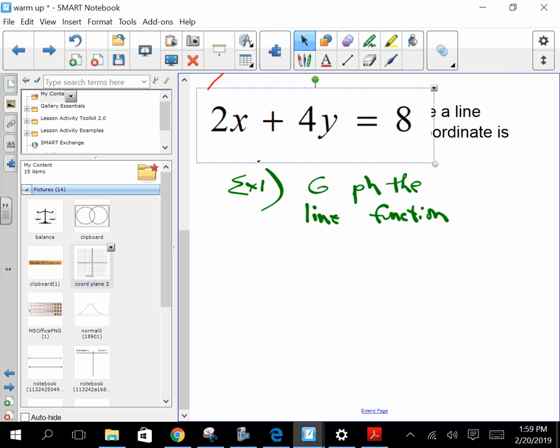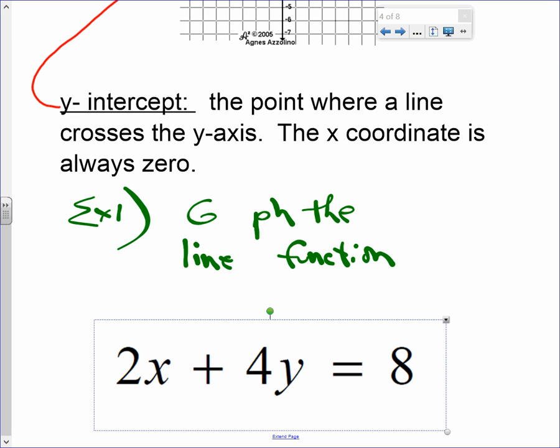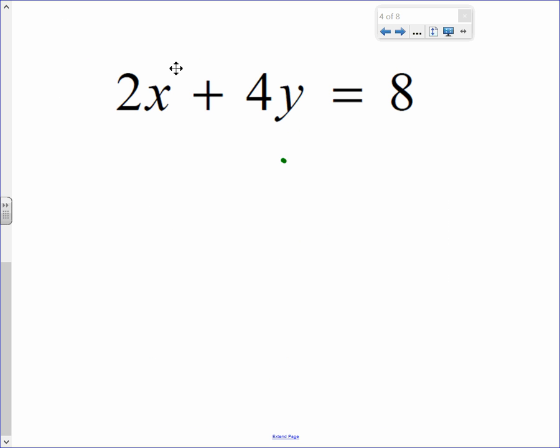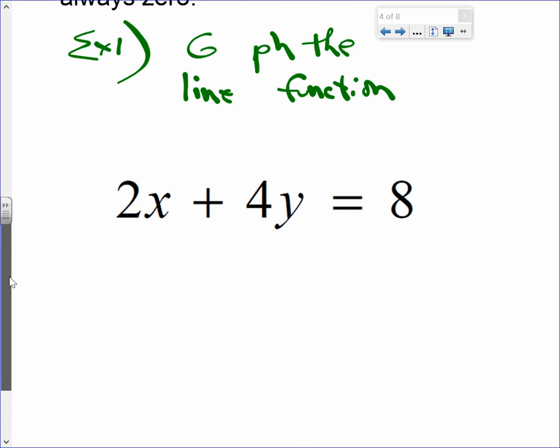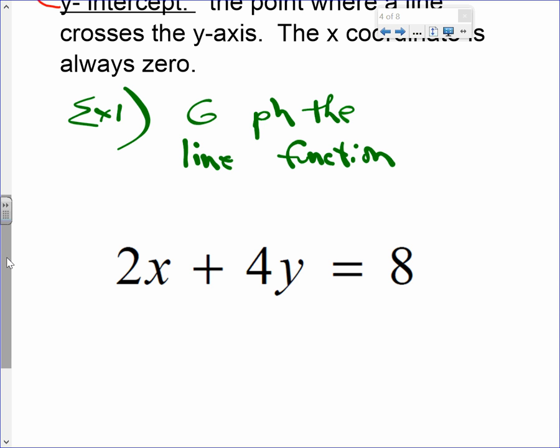I'm going to write this equation down: 2x plus 4y equals 8. Let's graph this puppy. 2x plus 4y equals 8. Graph the linear function.